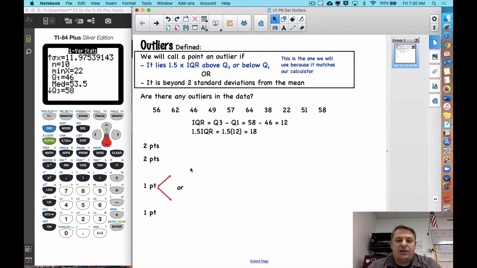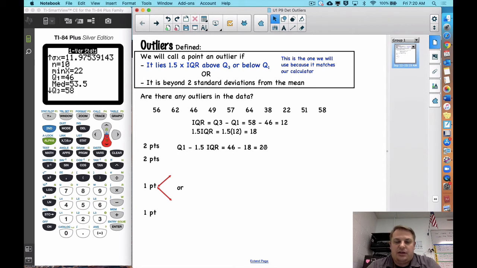So now to actually calculate outliers, we need to get two values. We're really calculating two boundary lines. So we're going to take Q1 minus 1.5 times IQR, which is 46 minus 18, which gives us 28. That's 2 points for just that step. Show me in letters what you're doing, or with the symbols, like I'm doing Q1 minus 1.5 IQR.